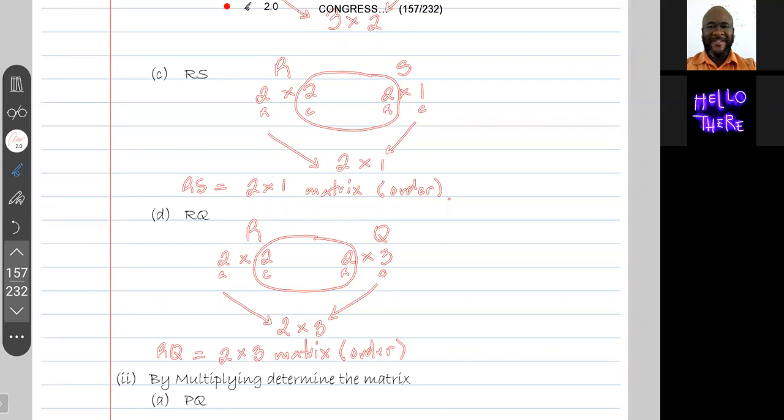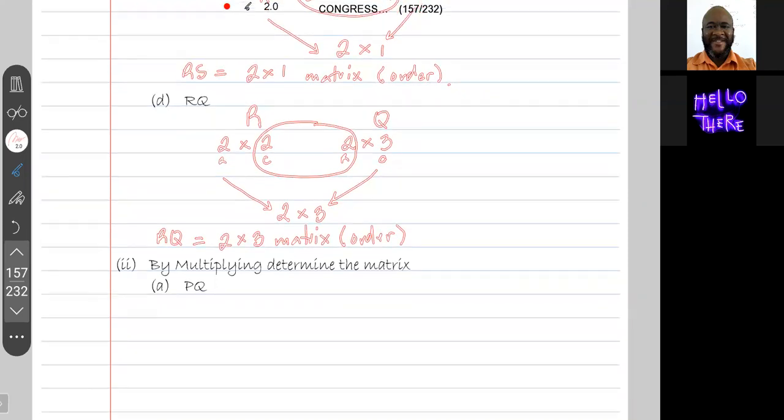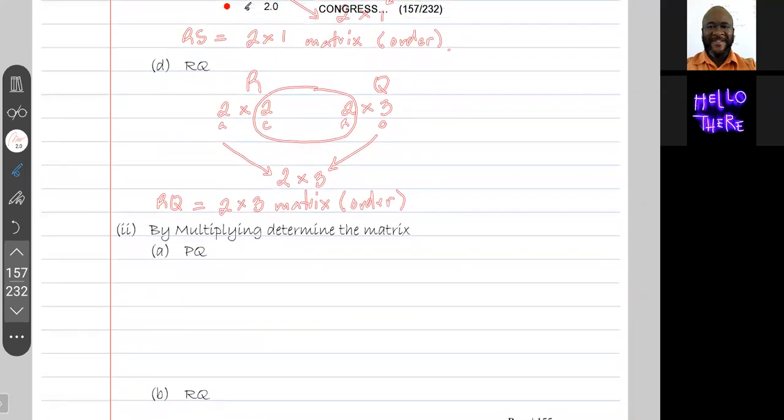Next, guys, we're asked now, by multiplying, to determine the matrix product PQ. So now they want us to do the actual multiplication. So let's multiply P by Q. P is 2, 1, 0, minus 3, 4, minus 2.